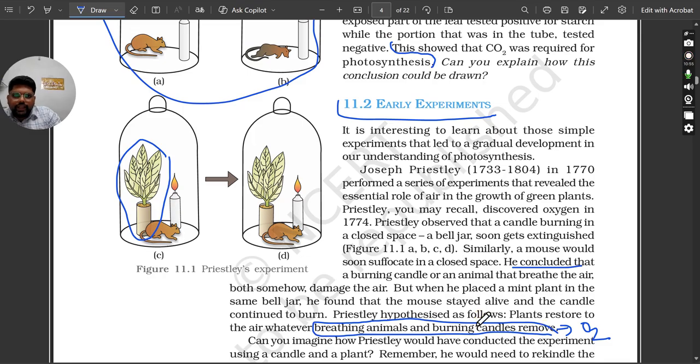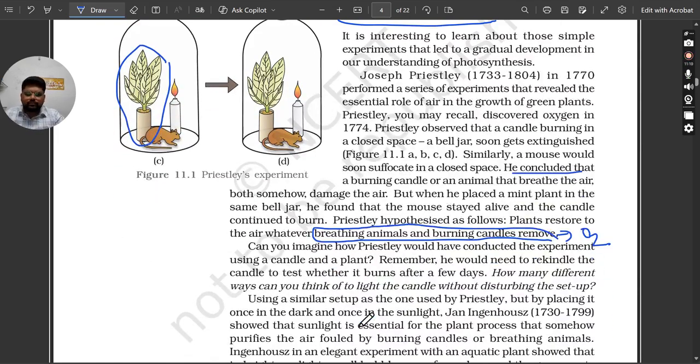So what it indicates is that Joseph Priestley discovered that plants release oxygen, which all animals need to breathe. Joseph Priestley is the person who gave the first evidence that O2 is released by green plants.